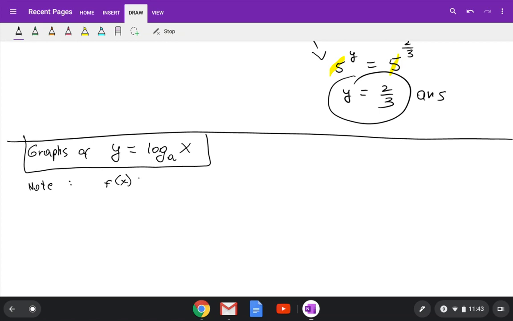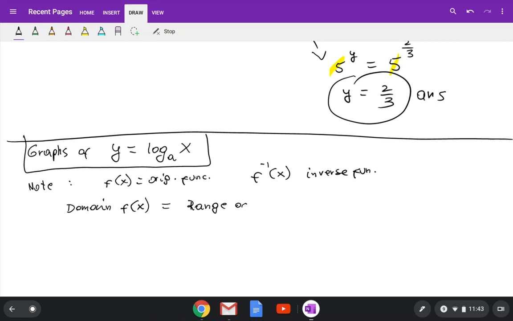Let's say f of x is the original function, and f to the power of -1 of x is the inverse. It's very important that we remember that the domain of the original function is equal to the range of the inverse function, and the range of the original function is equal to the domain of the inverse function.